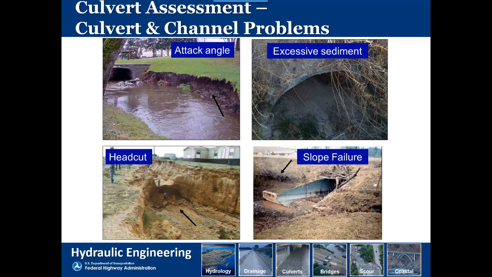What do we see down here? Head cuts. And do we know what head cuts are? Niagara Falls is kind of like a dramatic example of a very long-term, slow-moving head cut, right?